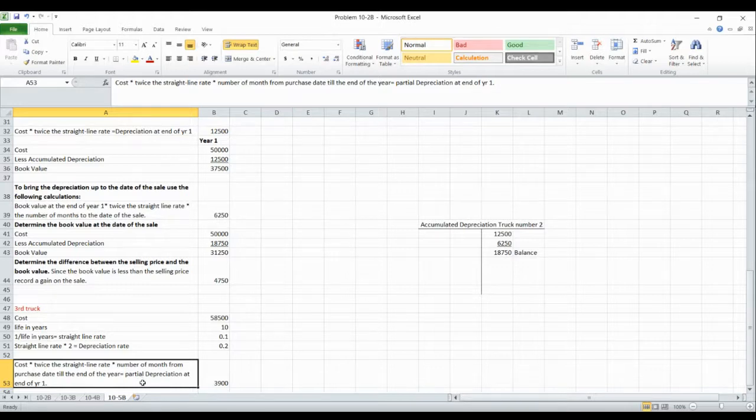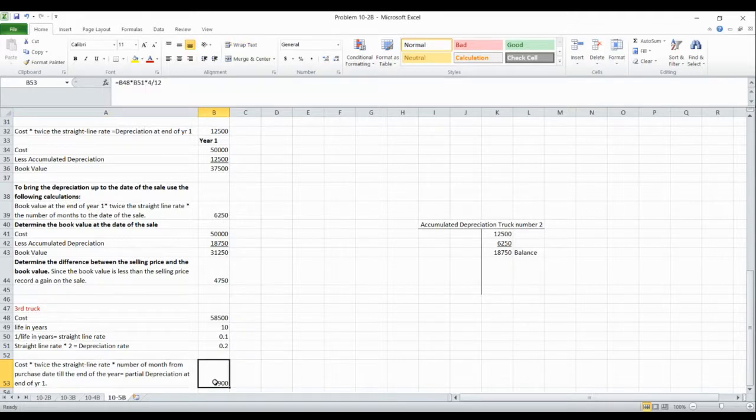We must find the partial year depreciation at the end of year one. So we bought that asset and we've depreciated it for 4 months this time. And so the total amount of the depreciation on truck number 3 would have been $3,900 at the end of the first year at December 31st.